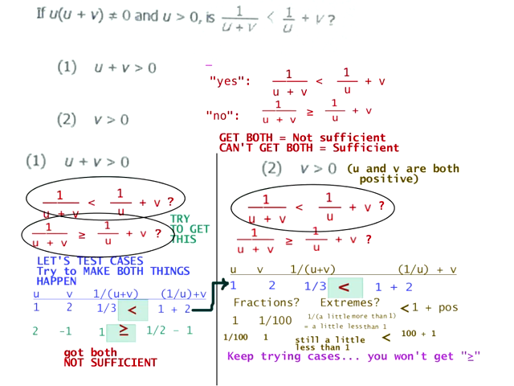It's not a thing. As far as why this actually works, let me take this on to the next page and let's talk about why. In statement 2, this is the inequality that you're trying to do. Why statement 2 works: it works because u and v are both positive.